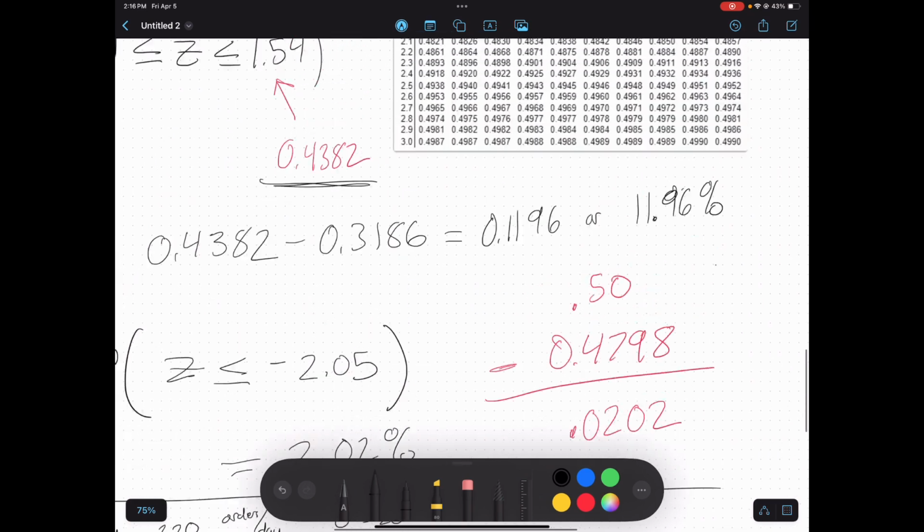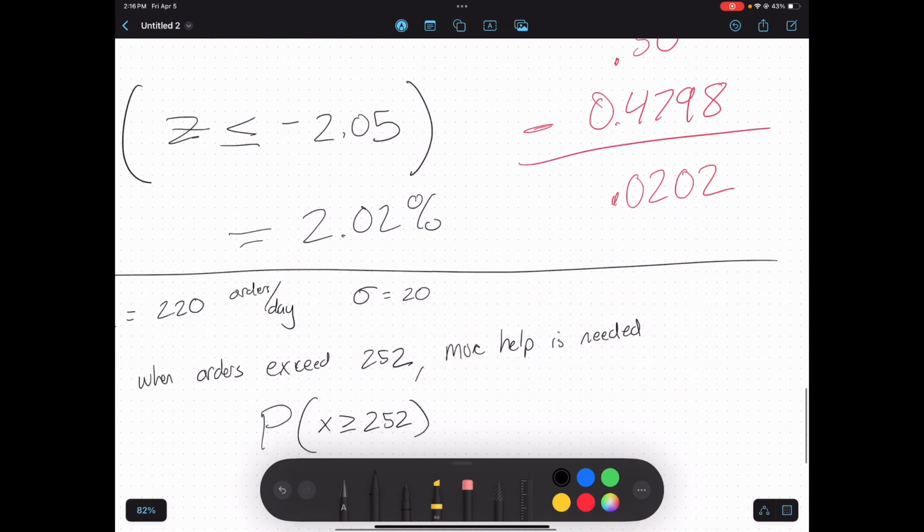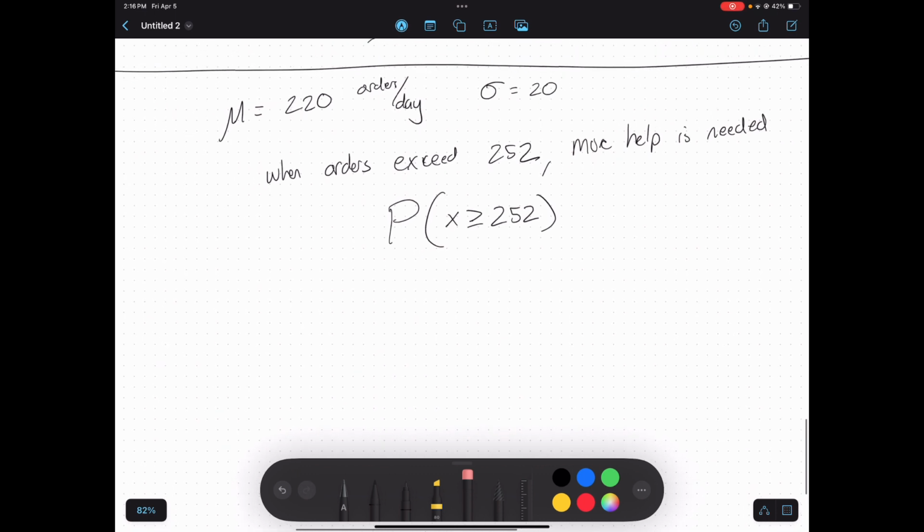Now, if I try and put 252 into the z-score table, you're not going to find it anywhere. I need to get this 252 in terms of a z-score. Well, how far away is this from my mean? I can calculate that fairly easily. 252, if I just subtract my mean, this tells me how far away it is from my mean.